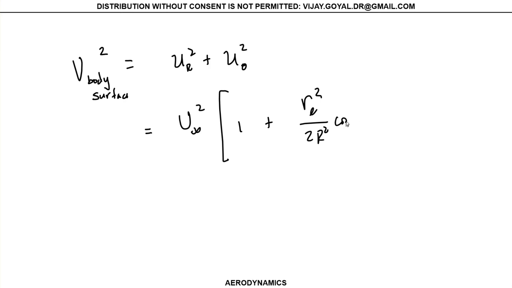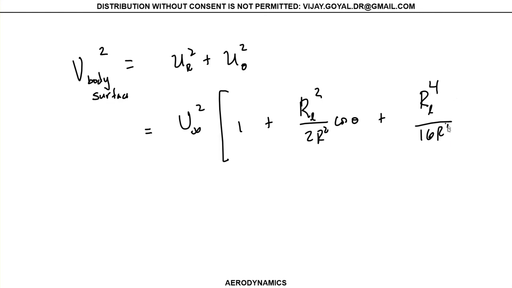I know what cosine of theta looks like, and I know what capital R is, to the fourth, 16 R to the fourth.